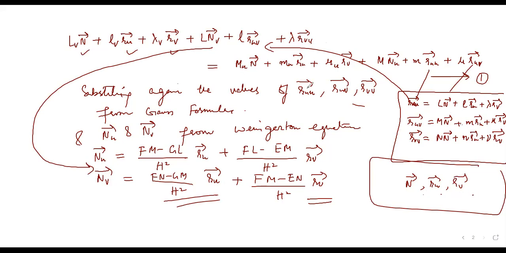Once I have the same basis on both sides, I write both sides in terms of the same basis, then I can equate the coefficients. Then the coefficients of each of these vectors, say n, r_u, r_v, on both sides should be the same because they form the basis of R3, जो कि हम इससे पहले भी यूज कर चुके हैं.